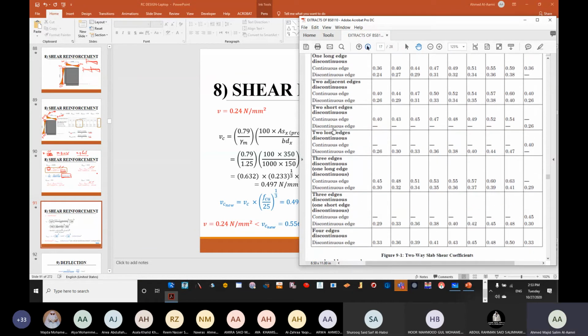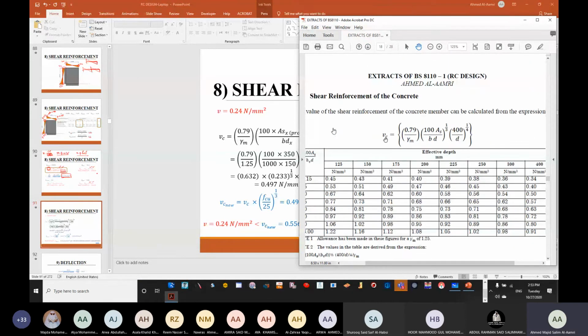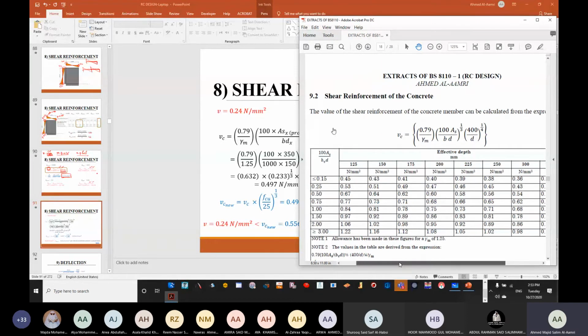We are going to go to the second page where it says VC is equal to 0.79 divided by gamma m, which is the partial safety factor for the material, multiplied by 100 AS divided by BD to the power of 1/3, multiplied by 400 divided by D to the power of 1/4. And once again, you can see here, they didn't use D capital, they have used D small.